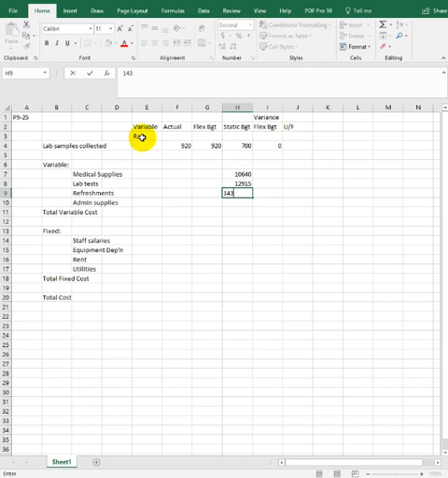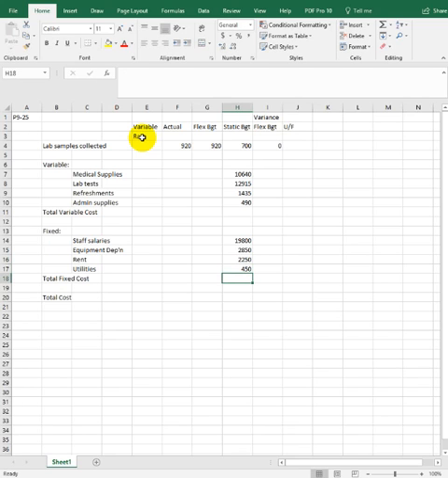Refreshments, 1435. Admin supplies, 490. And then the fixed costs, 1800. And 2850 for depreciation. Of course, the accountants told us that number. Okay, the utilities, 450.